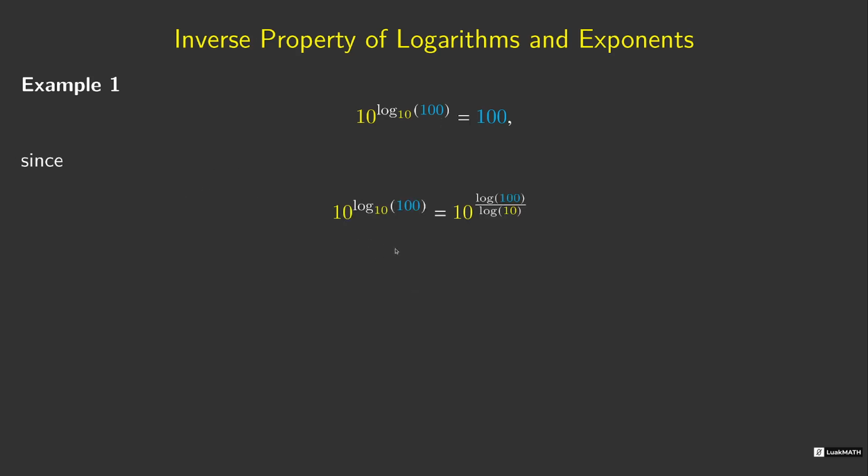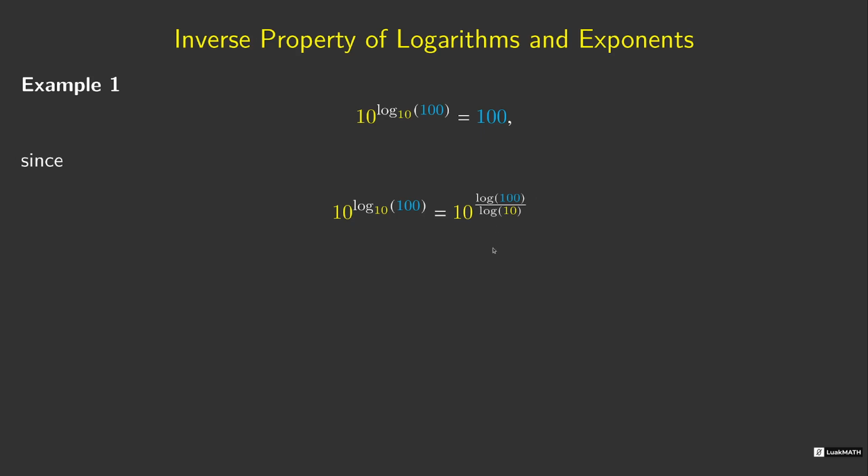That is the case because I can write the exponent this way. Just forget about the base 10 for now, and focus on the exponent. I can use the change of base that we just saw earlier, so I can write it as log of 100 divided by log of 10.